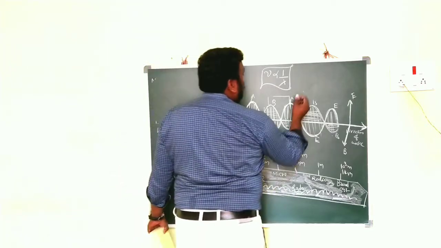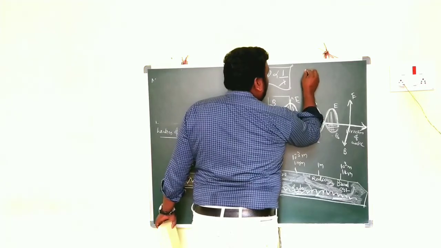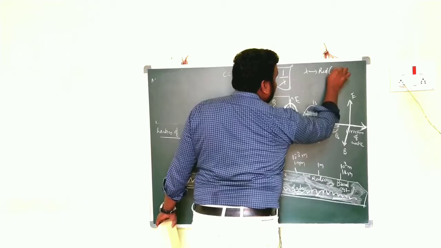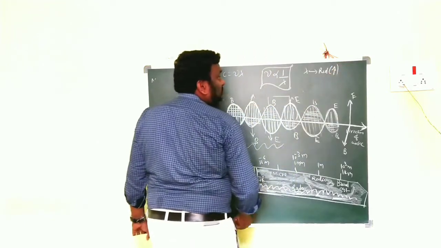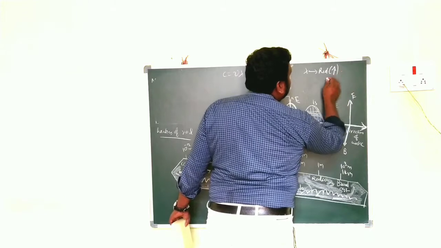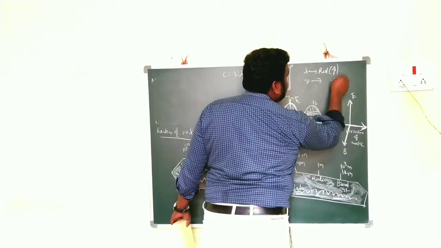That's why, children, you have to observe very carefully. Lambda is more for red, then the frequency for red color is less.